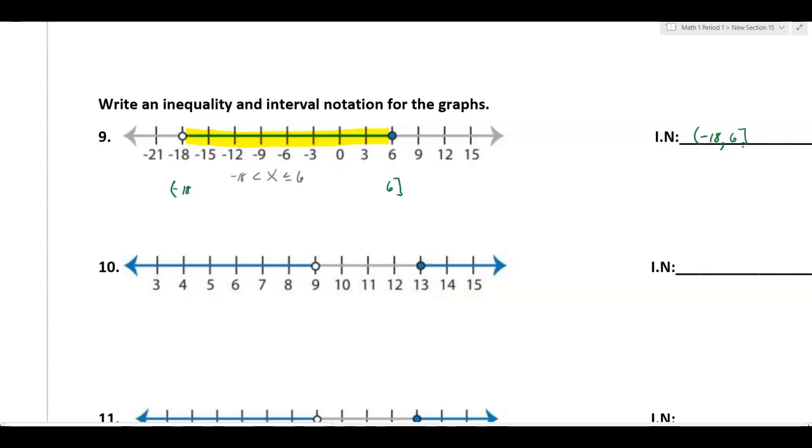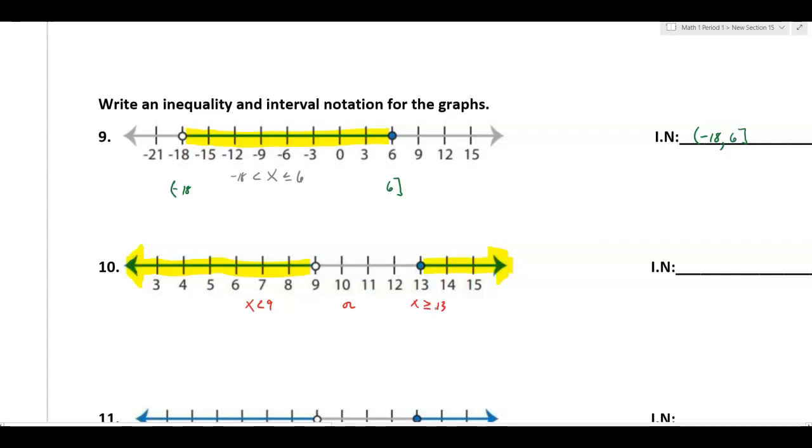Now number 10, if you look here, this graph starts at the left, goes all the way to 9, ends, but then there's this gap here, and it starts again at 13. So this is an OR statement. And when we look at it, the inequality would be x is less than 9 or x is greater than or equal to 13.